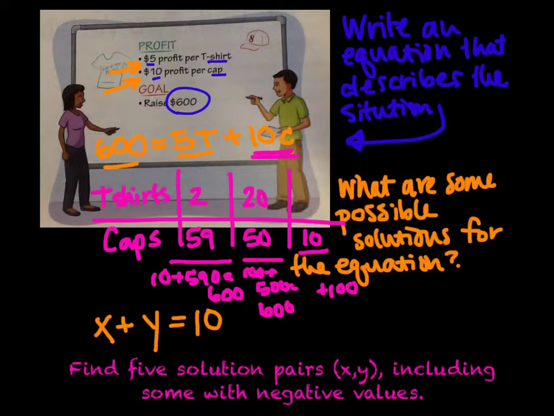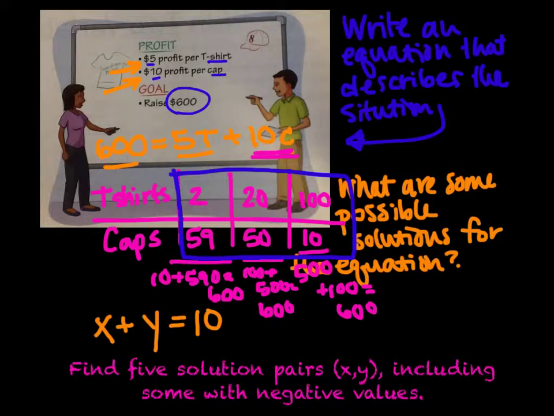That would mean the other $500 needs to be taken up by t-shirts, and we'd have to sell 100 t-shirts to take care of that. So we'd have 100 t-shirts plus 10 caps, and we'd make $600. So all of these are possible solutions.